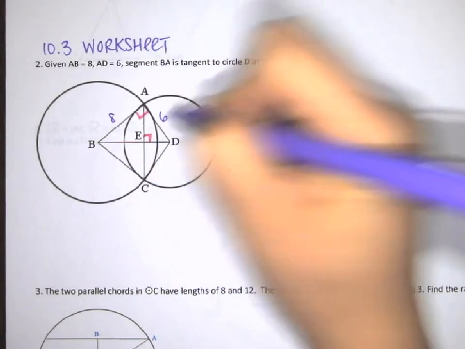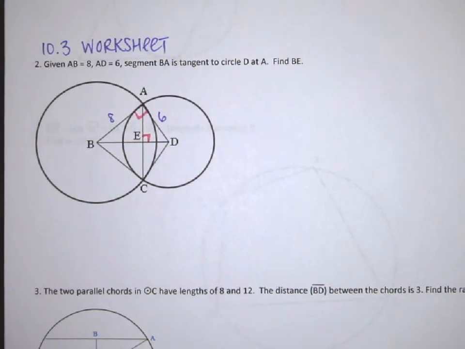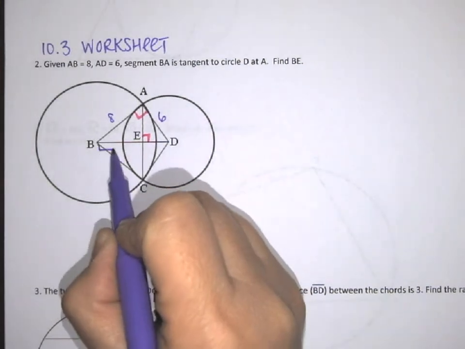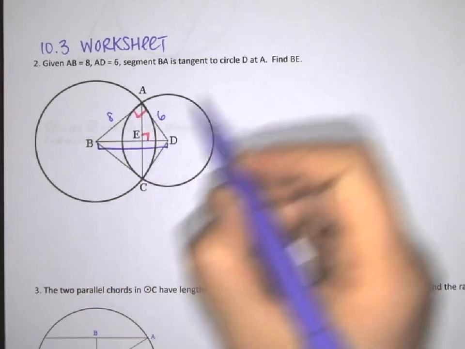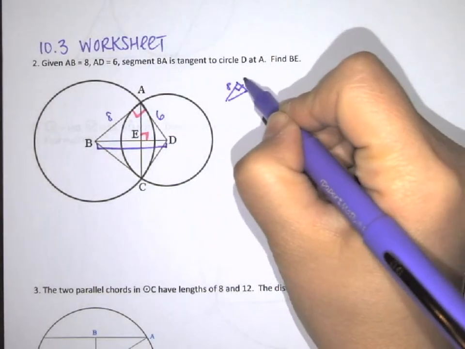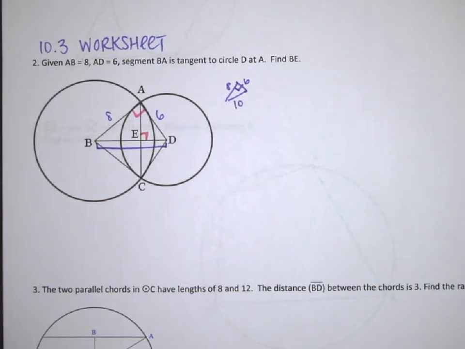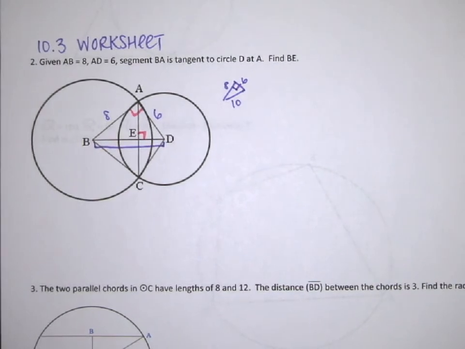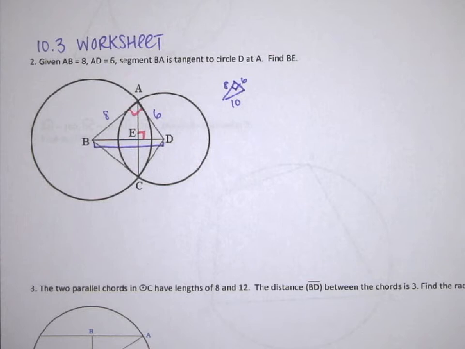So now we have 8 and 6. We have a couple ways we can solve this problem. BD is 10 because this is a right triangle, and this is 8 and 6, that same triple that we mentioned earlier. We could do altitude. You remember the altitude on the hypotenuse, the geometric mean with the leg.